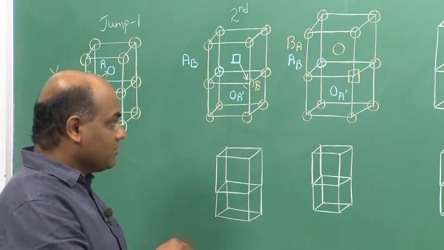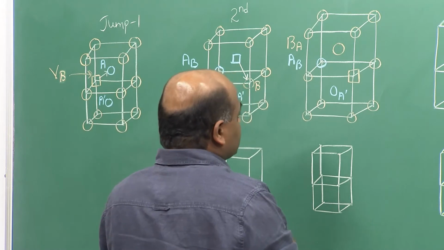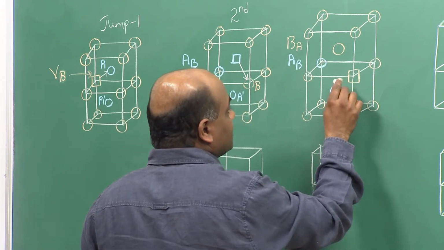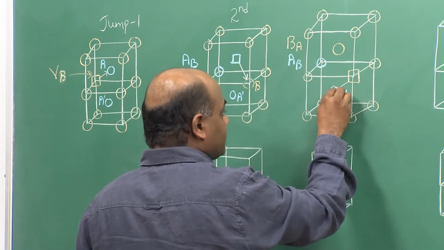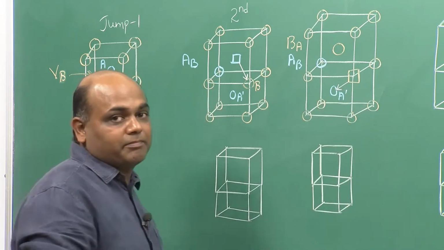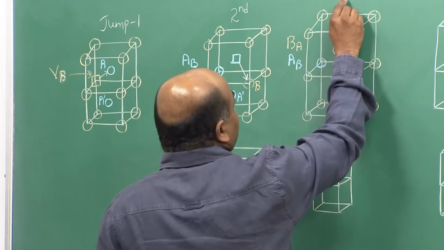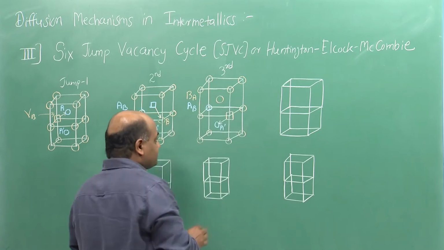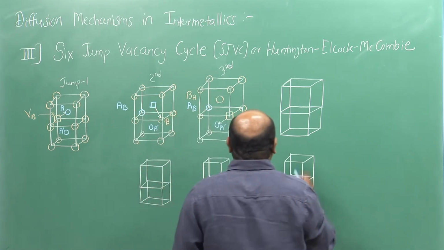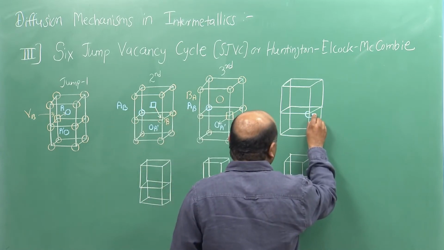So, the third jump of the vacancy will be with an A atom. Let us say it exchanges with A prime here during the third jump. So, now A prime has also moved to B sublattice.